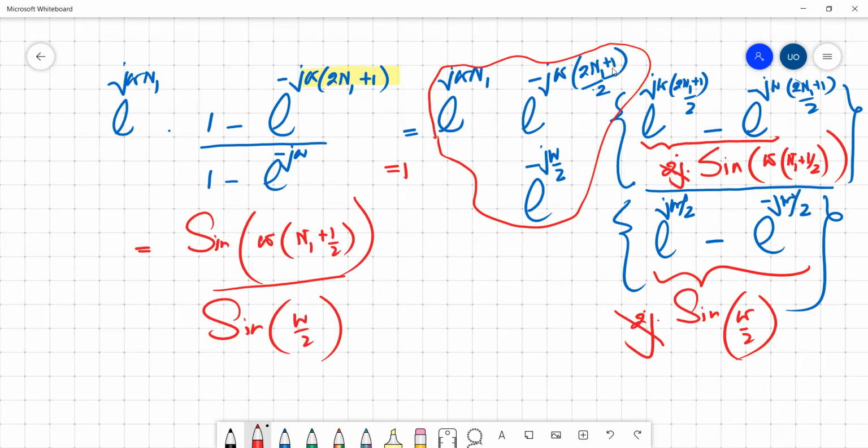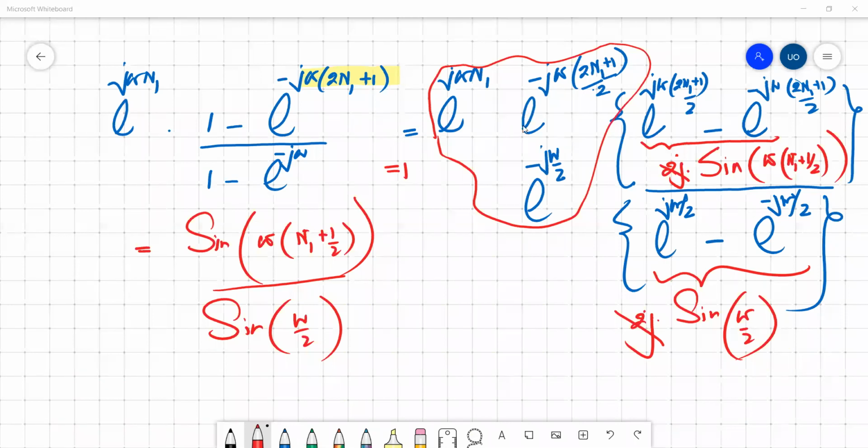Yes, could you explain part A of question 3? Why is it 2n1 plus 1?